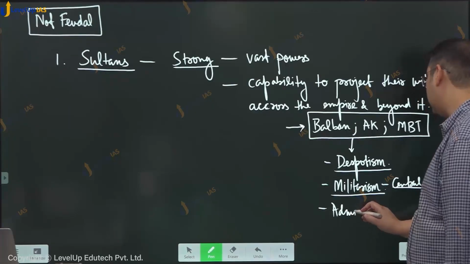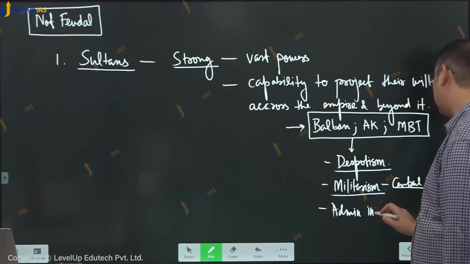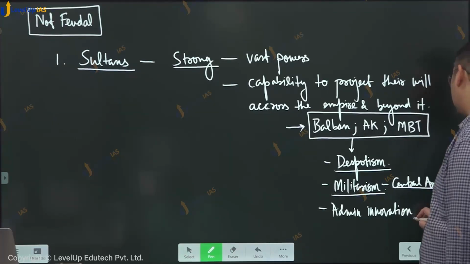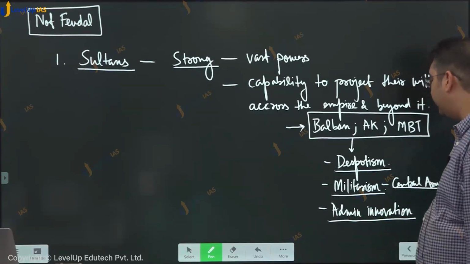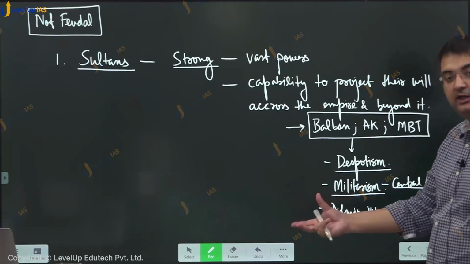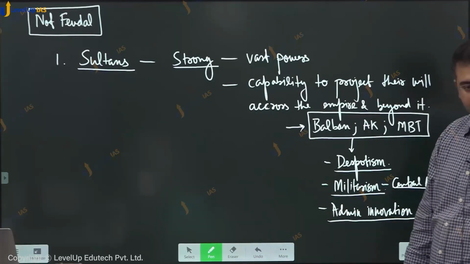Administrative innovation, which was possible only and only if the Sultan had the real authority to bring about large scale administrative reforms.